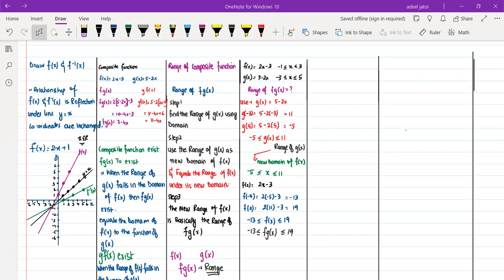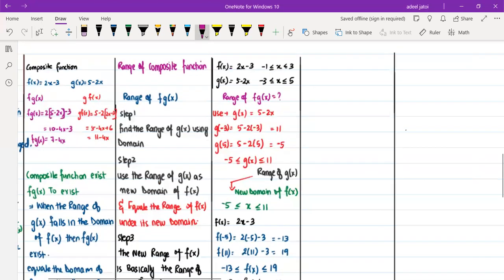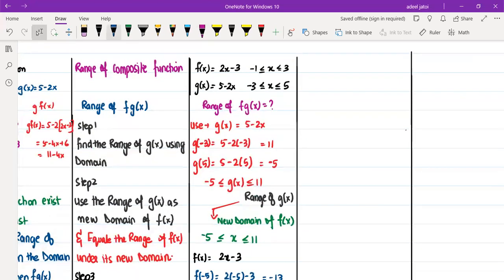Okay, so let's now work upon the range of g(f(x)).